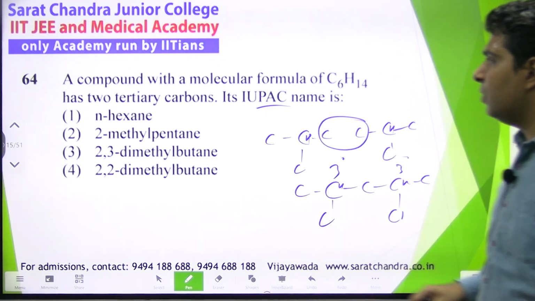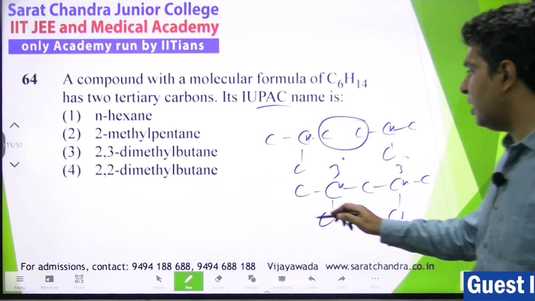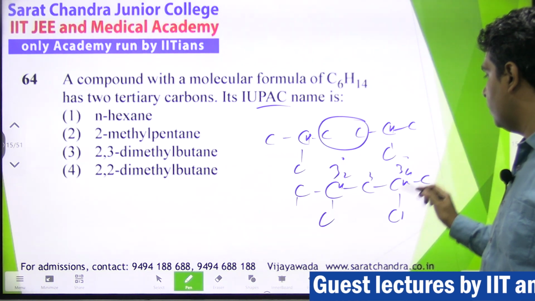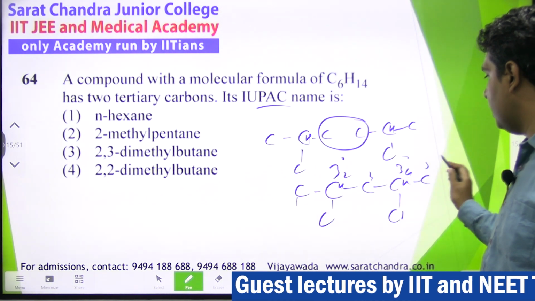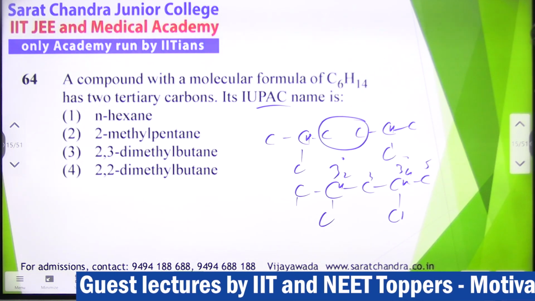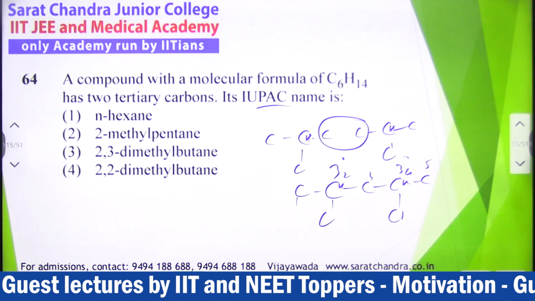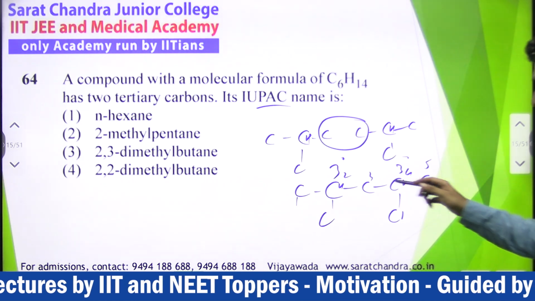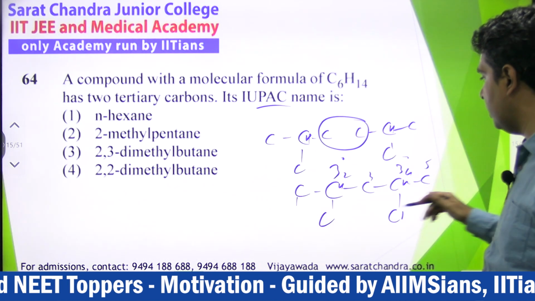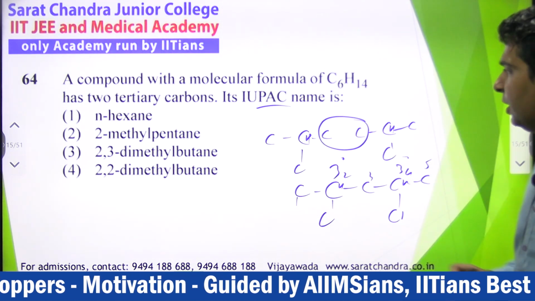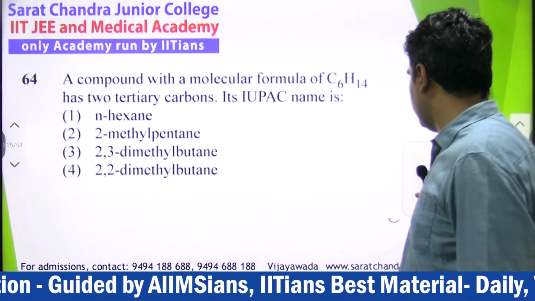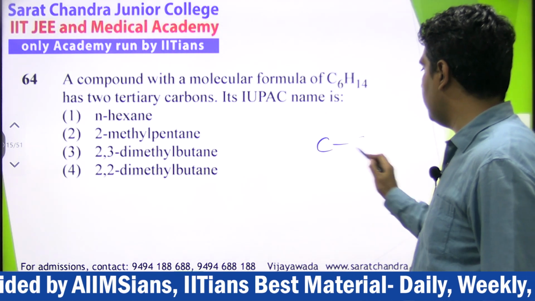So what is the IUPAC name of this compound? If I start the numbering 1, 2, 3, 4, 5, 6 and 7. Sorry, this is the structure with 7 carbon atoms, so this is not the structure possible. So let us make 2 tertiary carbons like this.